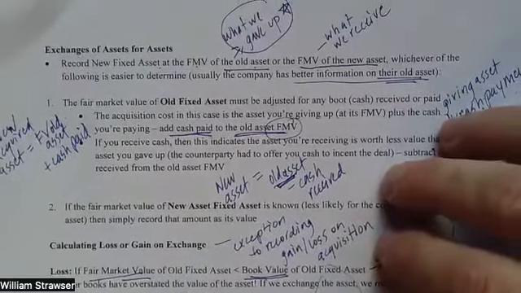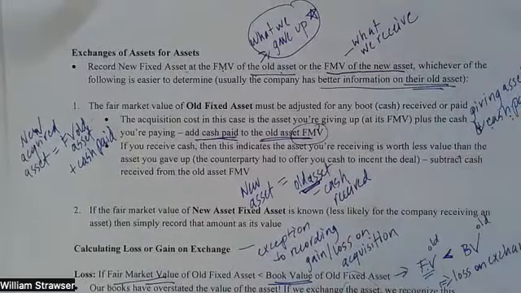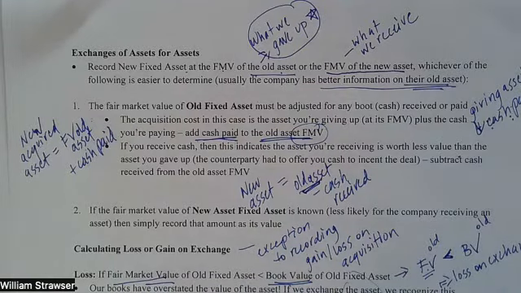All right, so last time we were talking about non-monetary exchanges. And of course, the overall idea that we have here is that we're no longer using only cash as a means of exchange. We've looked at other cases where we're exchanging, instead of cash, a promise to pay, a note payable.